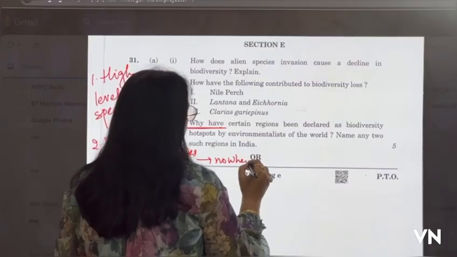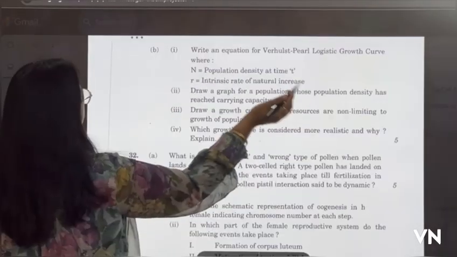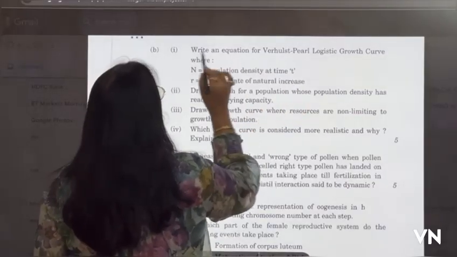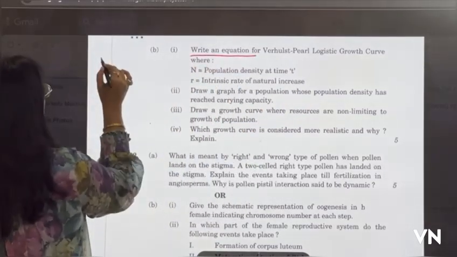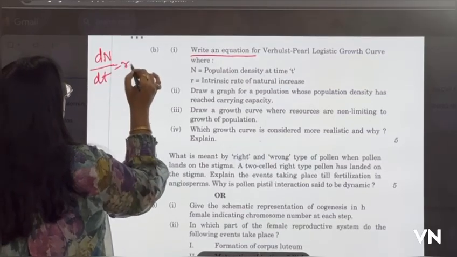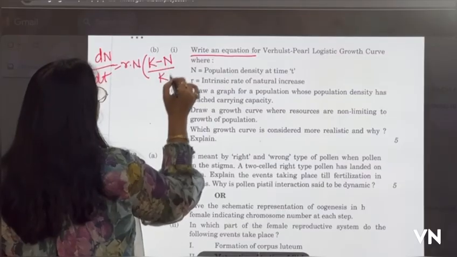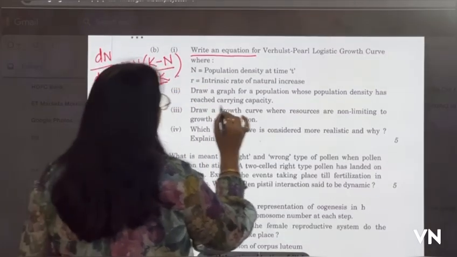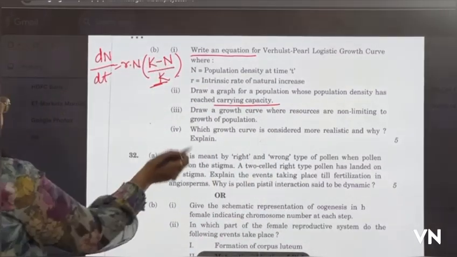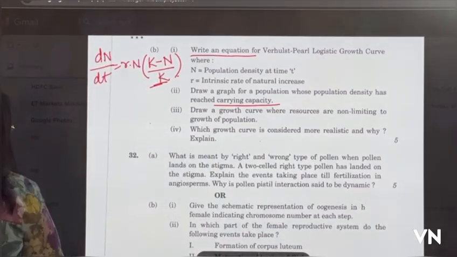So, this way, first, the intrinsic rate of natural increase. 1 mark for this equation: dN/dt = rN (K - N)/K, where K is the carrying capacity. Second part, draw a graph for a population whose population density has reached carrying capacity.